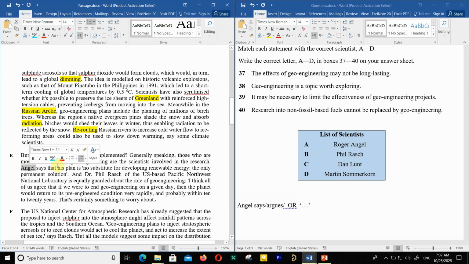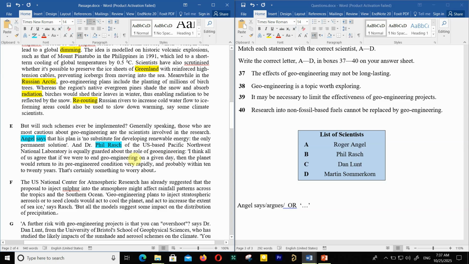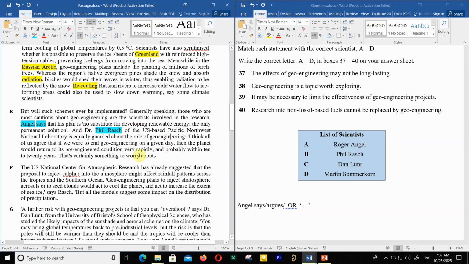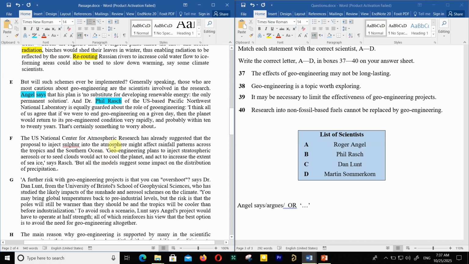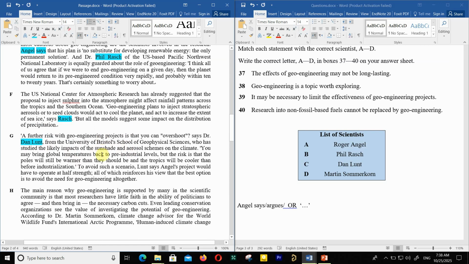Here again, Angel says. This is says. It's important to notice that. Phil Rush, another name. There are other names as well. Again, Rush. Dan Lund. Again, Lund says.